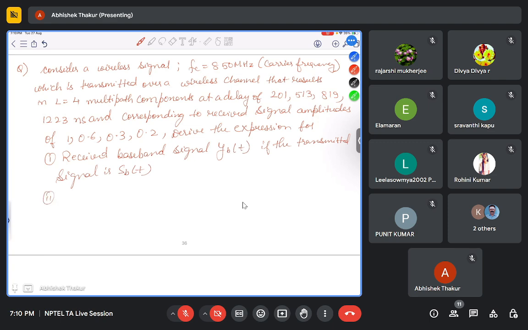Second, derive the corresponding received signal with the narrowband assumptions.